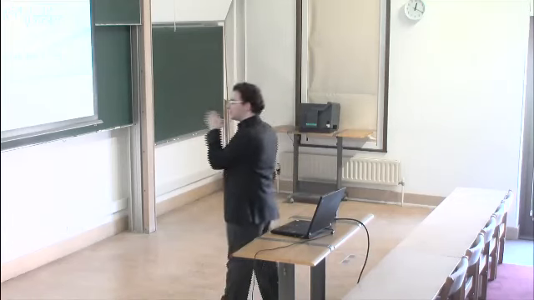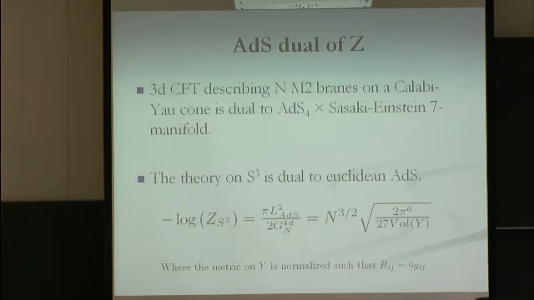So now let me tell you about two holographic applications or checks of this. So the first one is if I take N M2 branes sitting on the tip of some singular Calabi-Yau cone, a Calabi-Yau fourfold, then it will be dual to AdS4 times the Sasaki-Einstein 7 manifold.